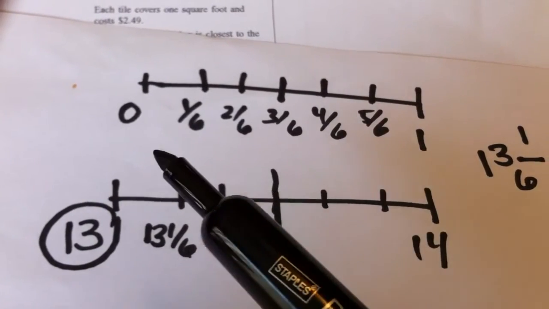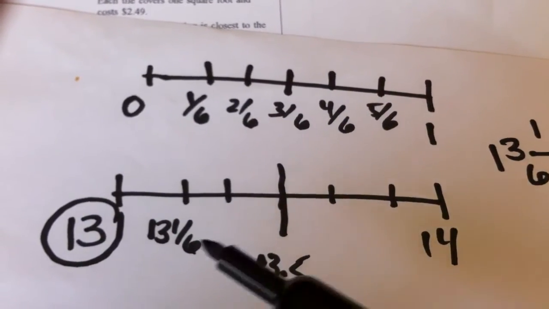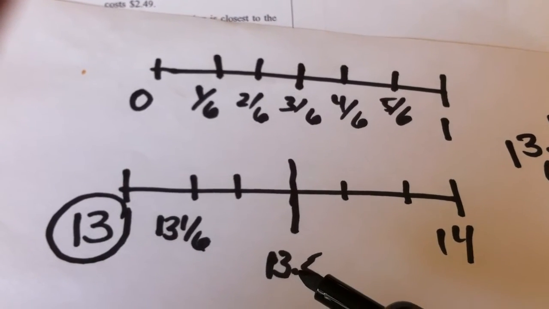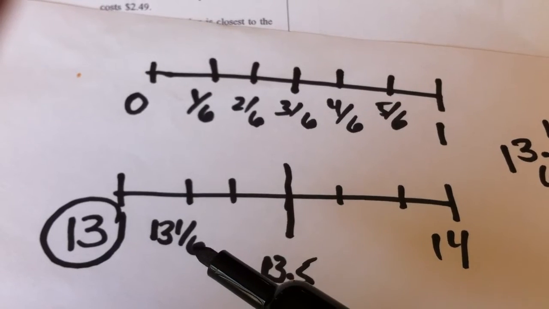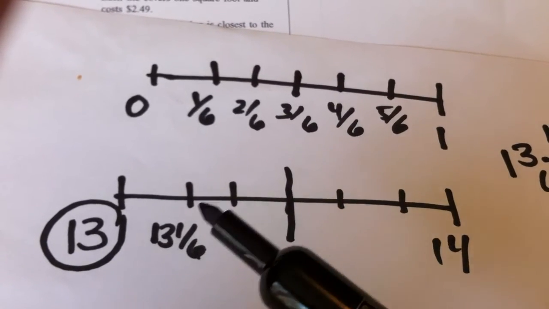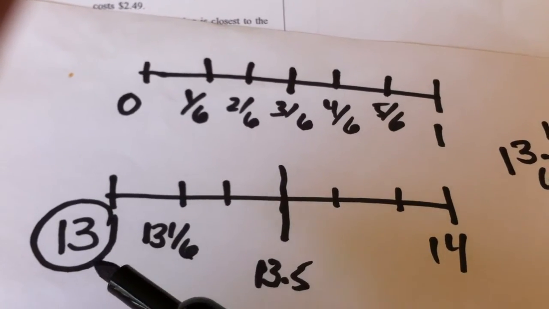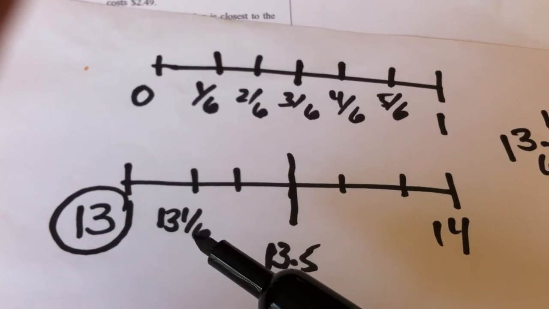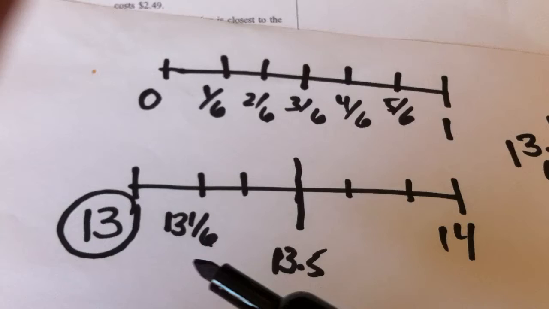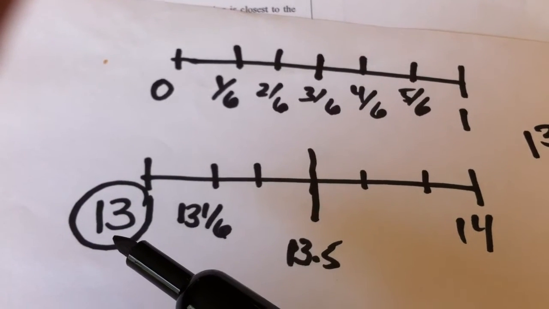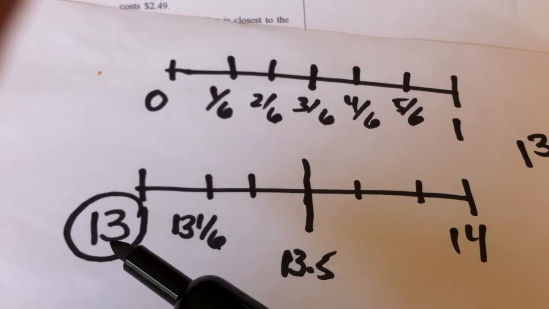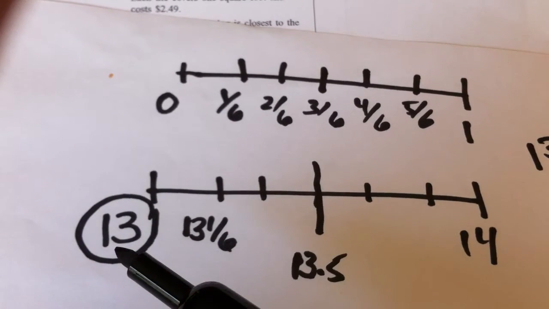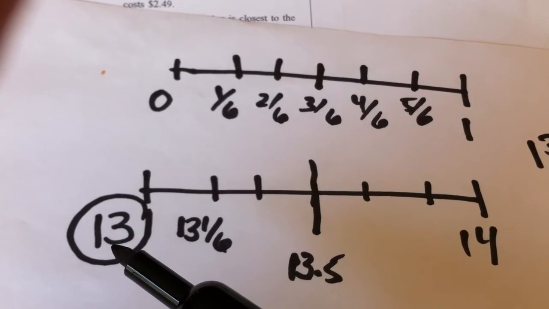It's the same thing. Instead of going from 0 to 1, we go from 13 to 14. Our midpoint is 13 1/2. So 13 1/6 is closer to 13, it falls to the left of 13 1/2. Because it's a smaller number than the midpoint, we will round it off to 13. So the length is 13 1/6, and we're going to round it off to 13.